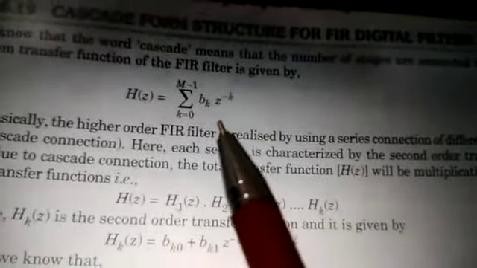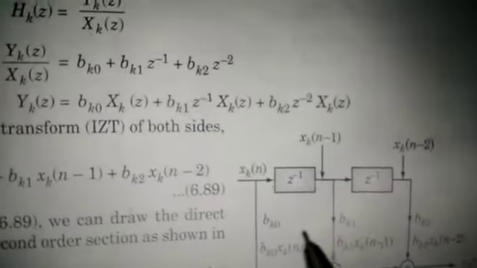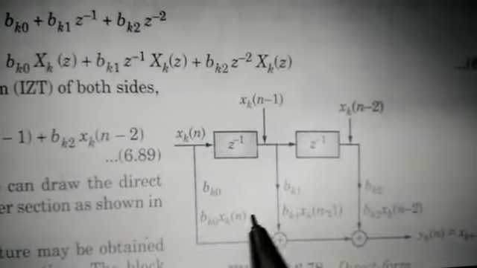So this is the FIR filter equation. The h k are the coefficients and z to the power minus k are the delay elements, and m is the number of samples. So we can write this like this, and now this can be implemented like this. Let us say this y k, this is x k of n.